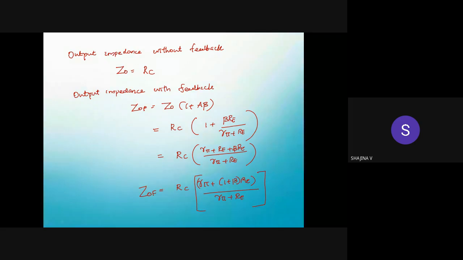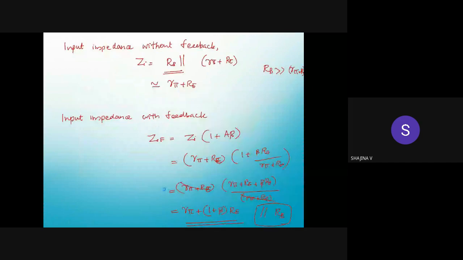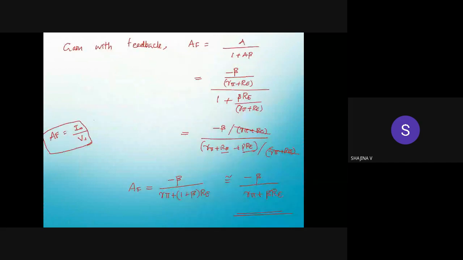Now here one more thing we are considering, that is voltage gain with the feedback. This is because you can see here with the feedback we have found out this one, I naught divided by Vs. That is actually the gain of the amplifier with the feedback, that is transconductance.